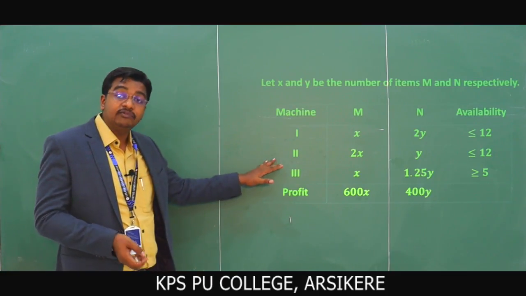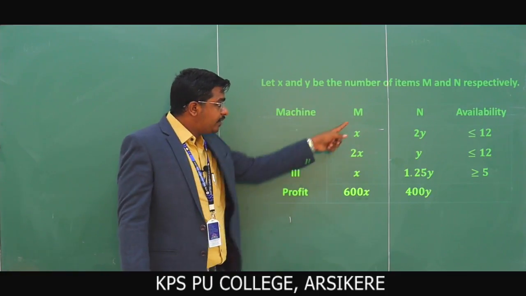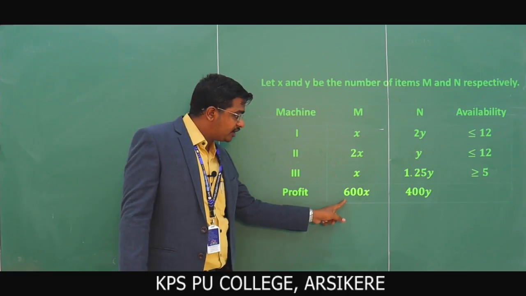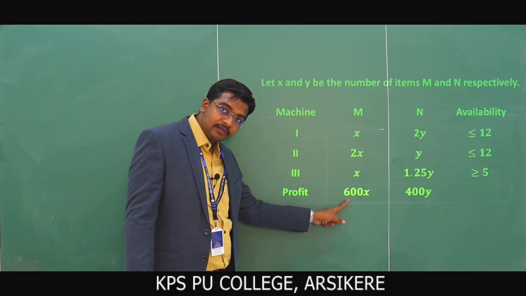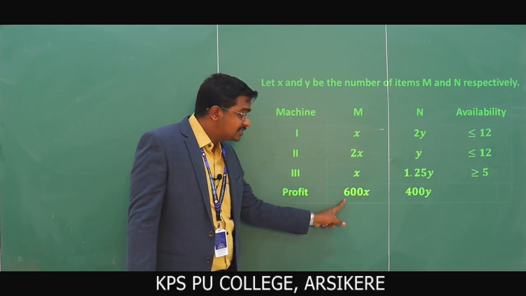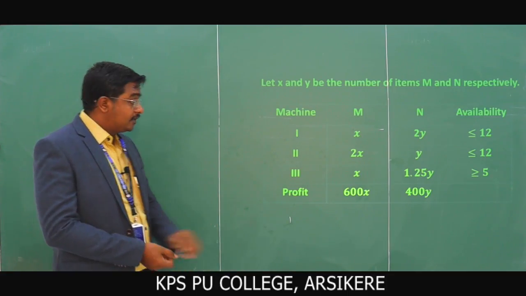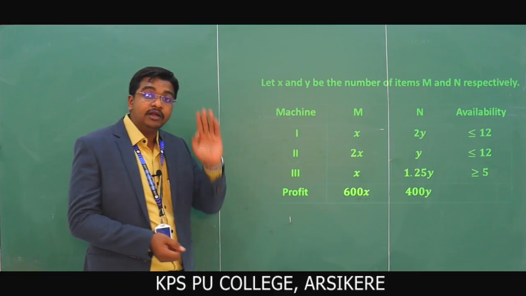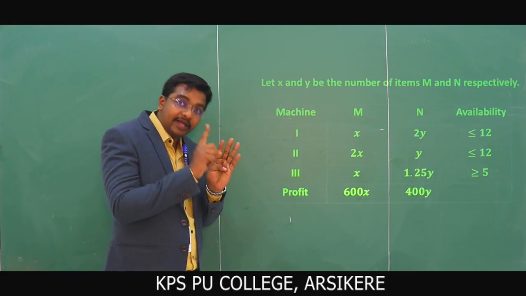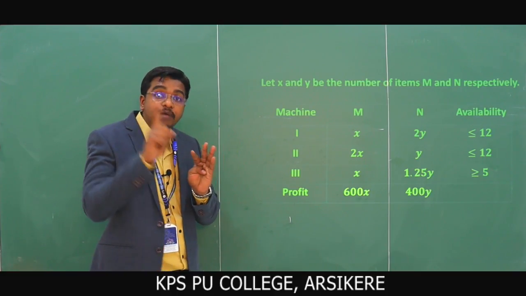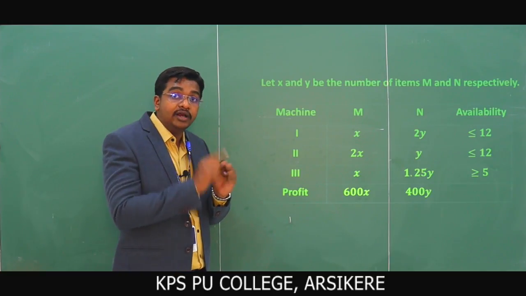And also given the profit. From item M they obtained a profit of 600 rupees. Similarly for x number of items it becomes 600 into x. Similarly for item N, 400 rupees for one item of N. Here we have y number of items of N, that becomes 400 into y.